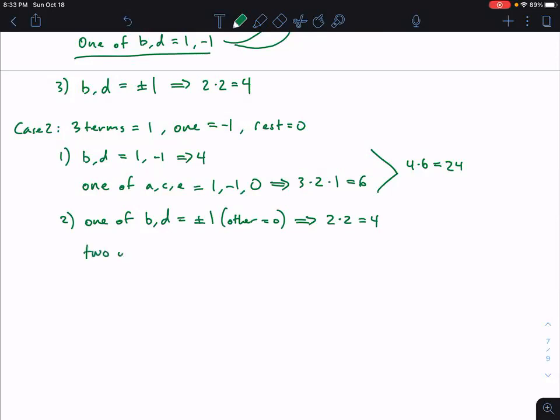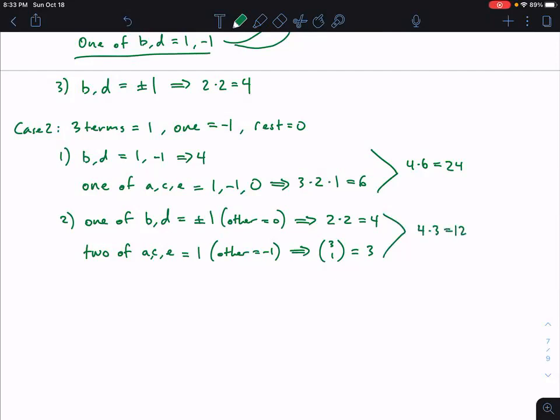Then you have to choose 2 from A, C, E, and both of them are equal to 1. That means the one not chosen is equal to -1. So you just have to choose which one is equal to -1, which is 3 choose 1, or 3. Now you multiply these together: 4 times 3 is equal to 12.